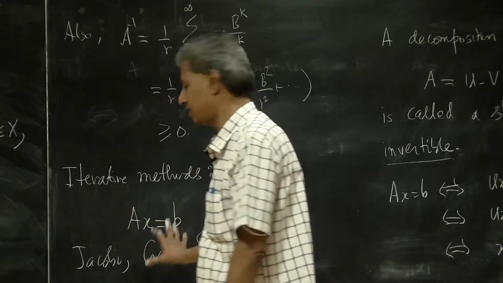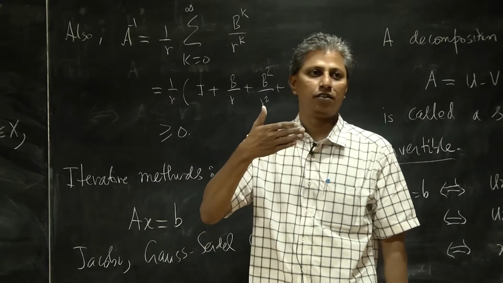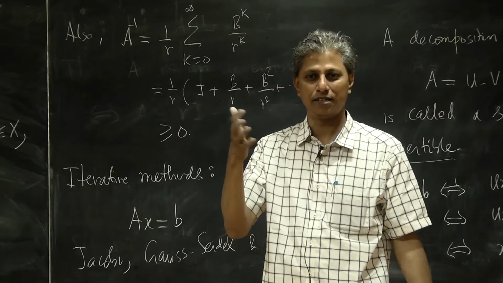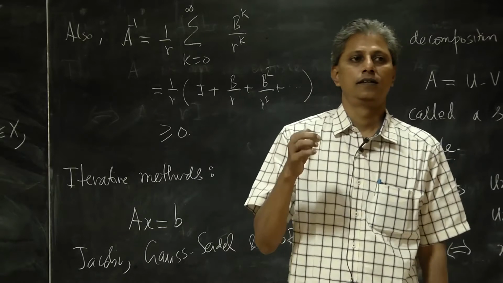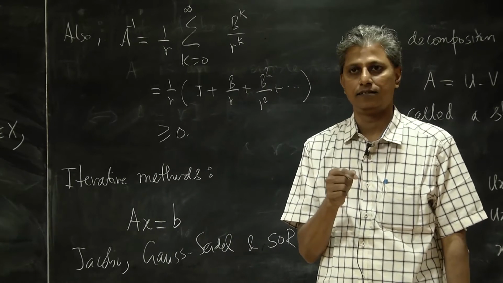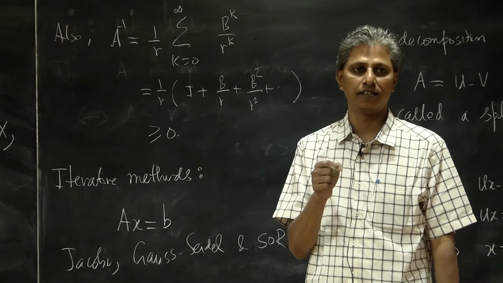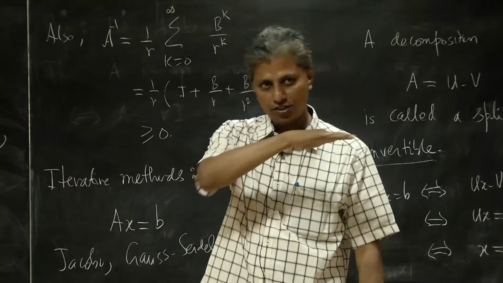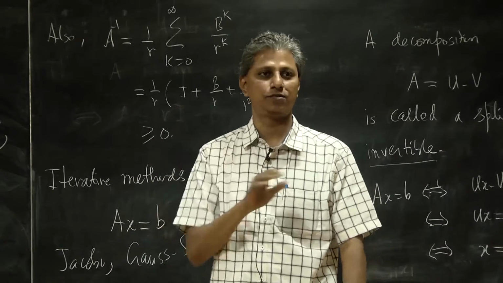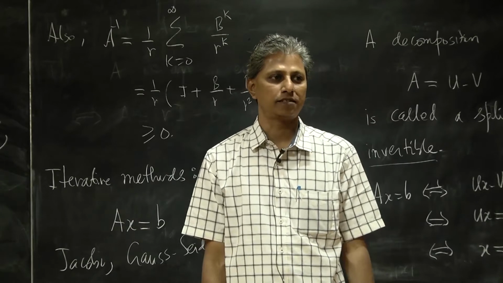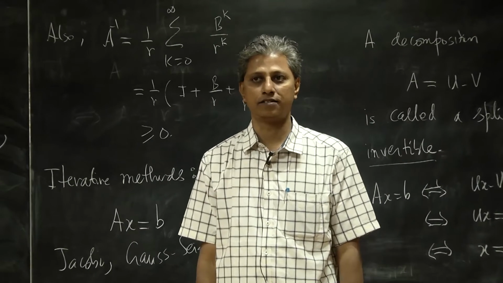If you go back to this equation Ax equal to B, which is the finite difference approximation of an elliptic differential equation, you will observe that the diagonal entry, the magnitude of that is strictly greater than the sum of the moduli of the entries of each row. So this is what is called a diagonally dominant matrix, sometimes strictly diagonally dominant matrix.